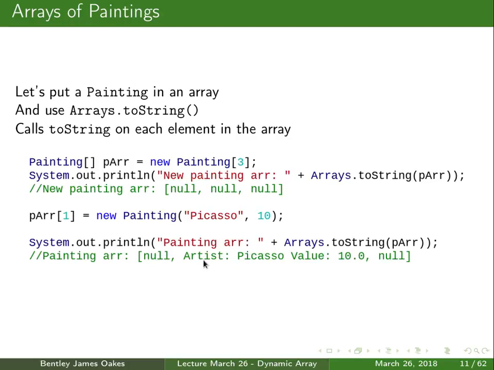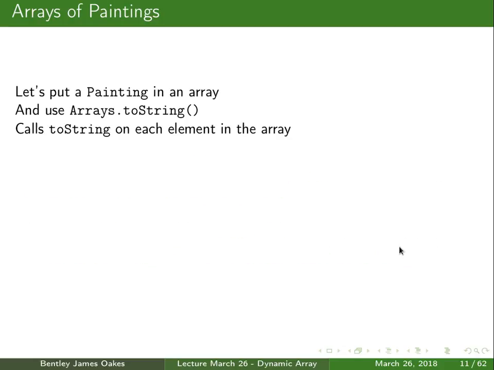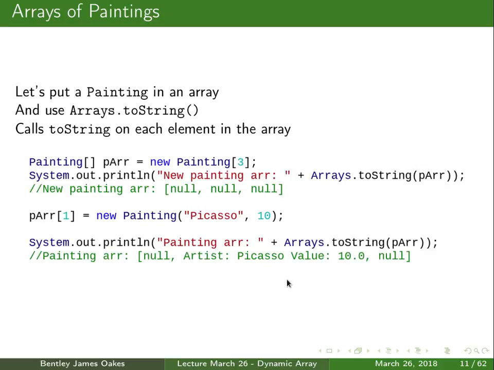So once you define the toString method on a class, it becomes much easier to print instances of that class and to print out arrays of that class. So I encourage you to spend time on your toString method to make it have a more pretty value so that it's easier to debug.